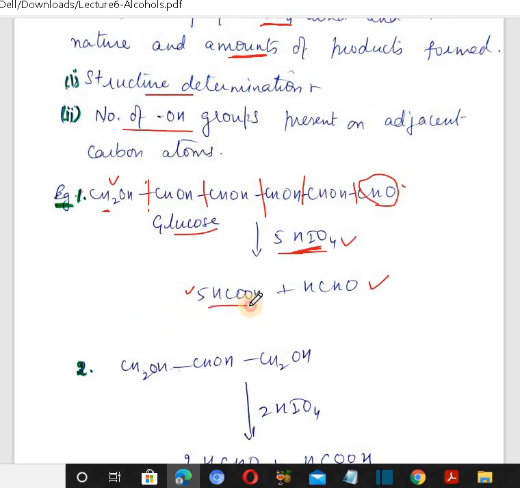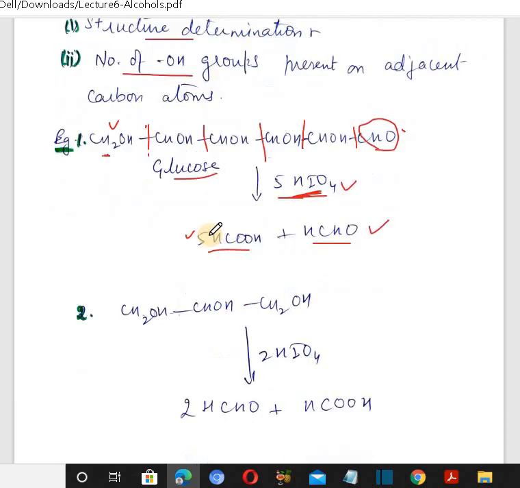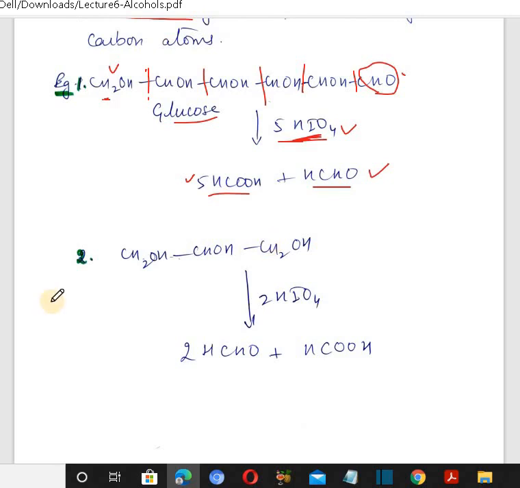So 5 molecules of formic acid and 1 of formaldehyde. This indicates that there are 5 OH groups present at the adjacent carbons and so we can determine the structure of the molecule. Similarly, this is an example of glycerol.